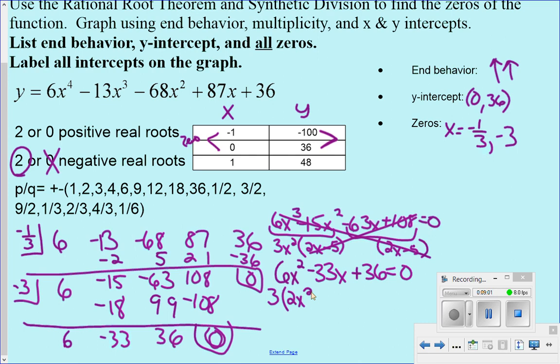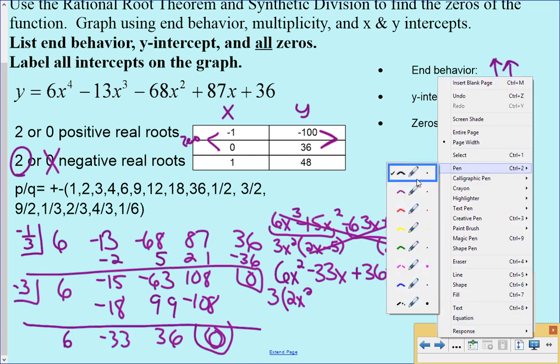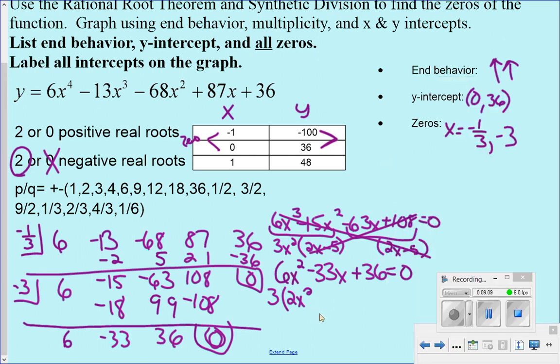So 2x squared minus 11x plus 12. And then factor that further.